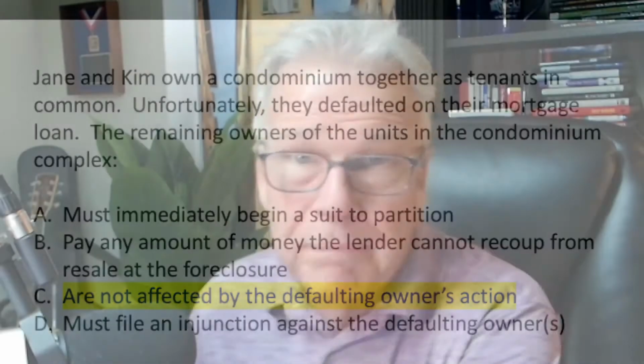Just remember that. But in a cooperative where you get stock, everybody else has to pick up the slack if you don't make your loan payment, okay? But in a condominium, doesn't affect anybody else. Remember, condominium, you get ownership. In a cooperative, you get shares of stock, okay?